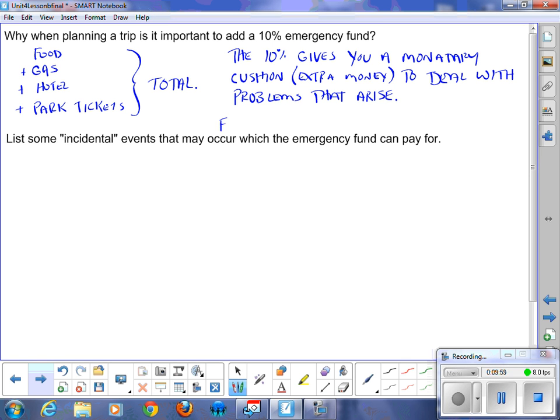So how do you get this? So your final is equal to, you multiply by 1.1, multiply by your total. So that would be the formula that you would use. That gives you that extra 10% cushion on the particular trip. So in this question it asks, list some incidental events that may occur which the emergency fund can pay for.